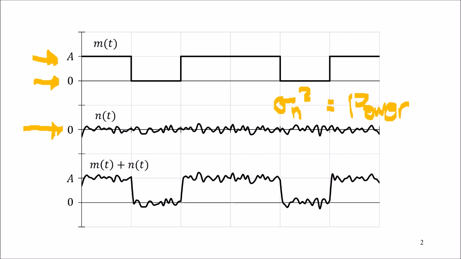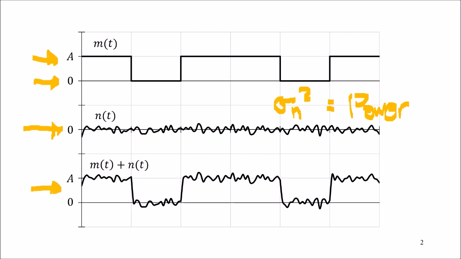And the larger the value of sigma, the larger the noise, the bigger its peaks and valleys. So if sigma n was very small, it'd be relatively small noise. If sigma n's bigger, it's bigger noise. So we add the noise to the binary signal, and that's shown in the trace at the bottom.